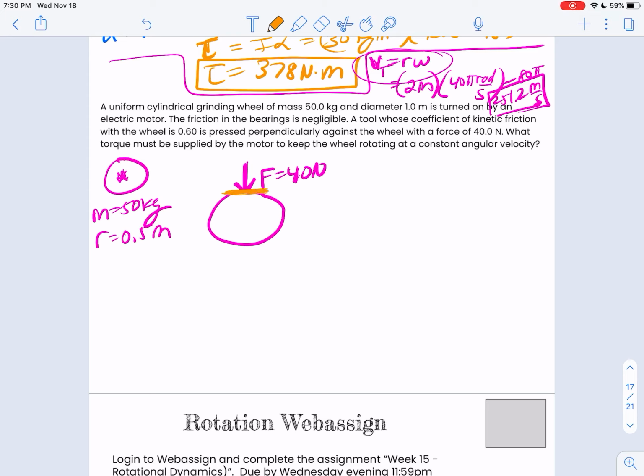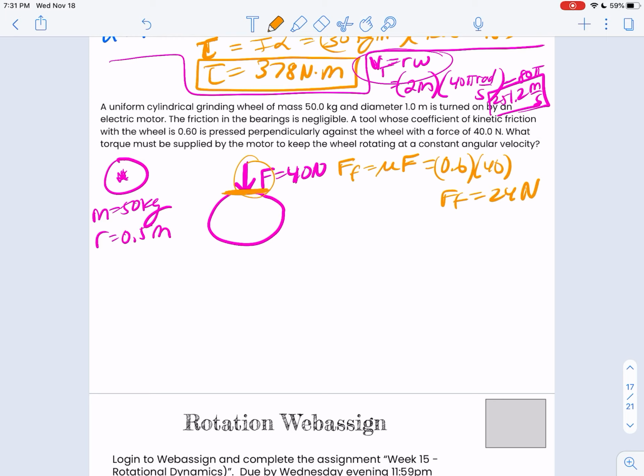So that's just like a normal force. Friction would be mu times that force, because that's how hard they press together. So the mu is 0.6, and it's getting pushed with 40, so that's going to be 24 newtons for the friction here.